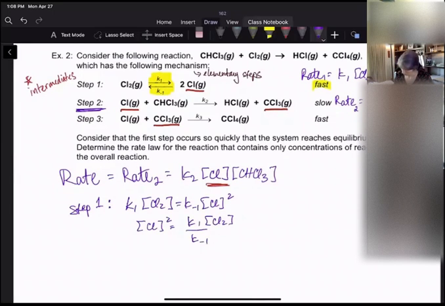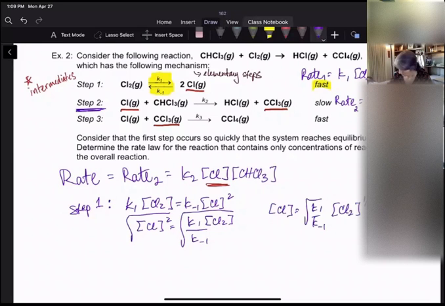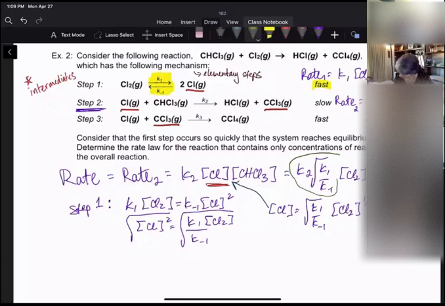And then we'll square root both sides. All right, so then we're going to plug that into there. I'm going to rewrite this as just a new constant, k prime, just to group it together.